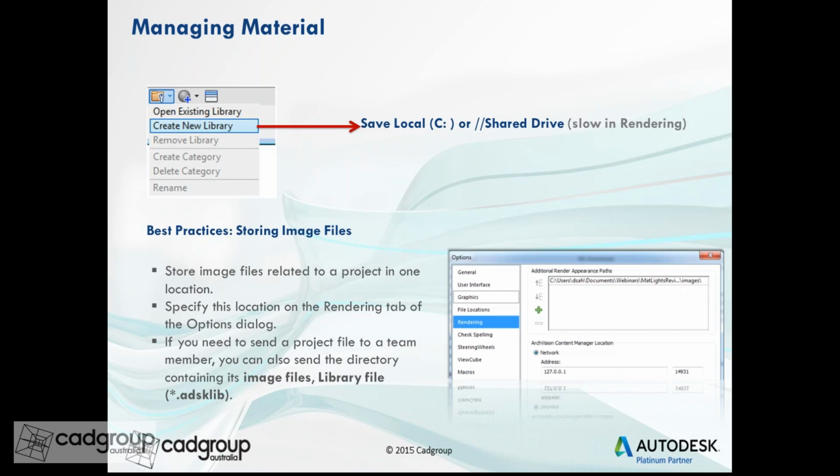Another query is how to create your own library so that you can share it with another project or another user. In Revit, you can create your own library that will allow you to use the same material in different projects, or if you move computers or want to share similar materials, you can do the same from Revit.